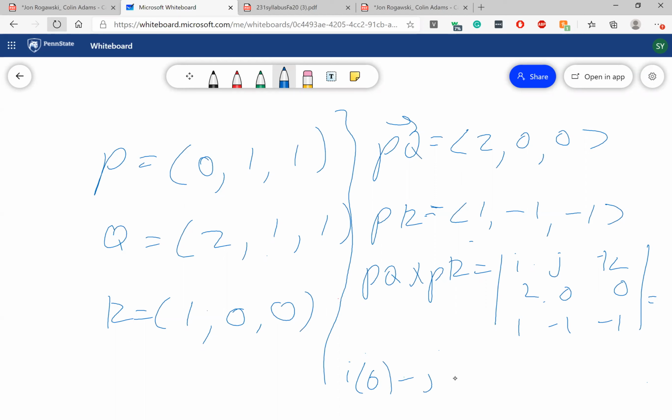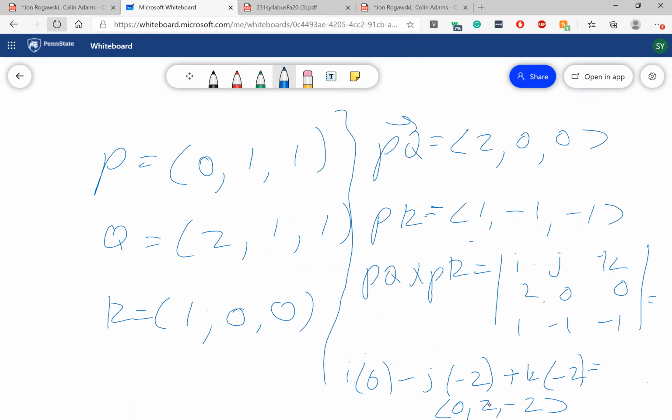And then minus j times negative 1, sorry, negative 2, minus 0. So it's just going to be negative 2. And then plus k times just negative 2. And then this is going to be equal to the vector (0, 2, negative 2).